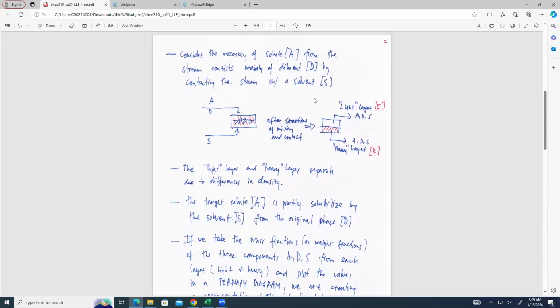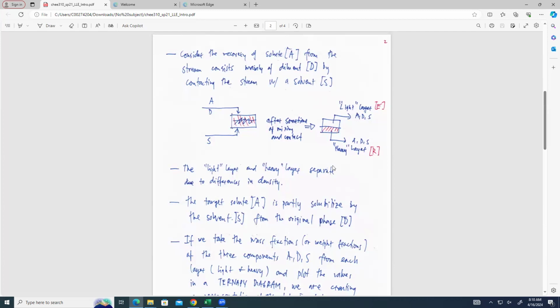And what's going on is that we have a case where A is soluble or miscible in both of these liquids, but those liquids aren't soluble in each other. That's why whenever you add them together and shake it up, the solvent that you add will actually steal the A away from the diluent, and you just keep doing that until you can get all of your product out.